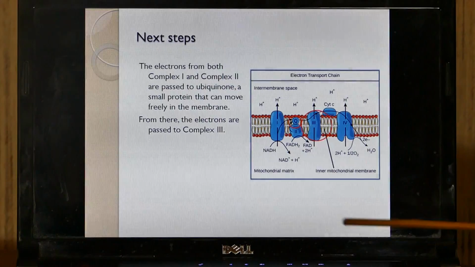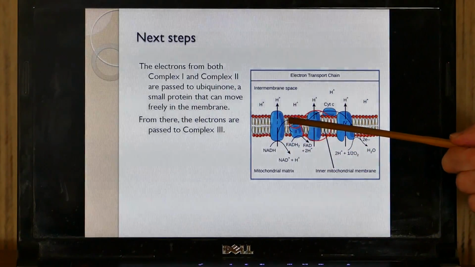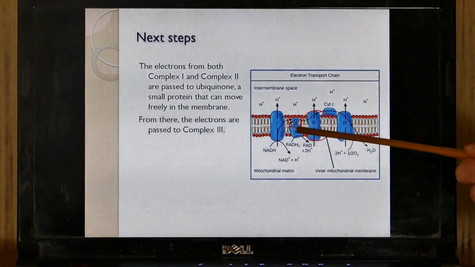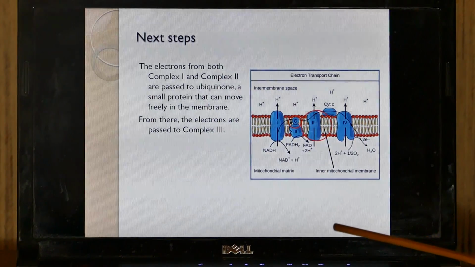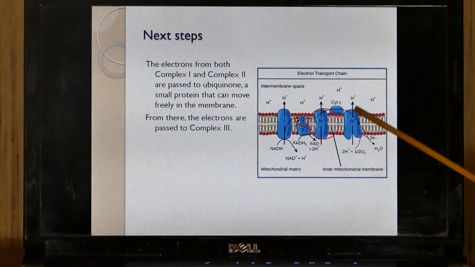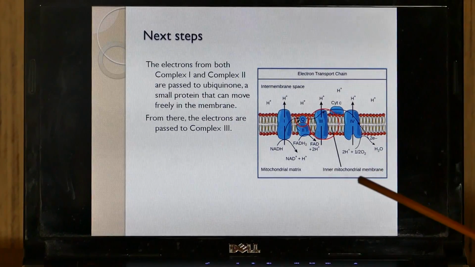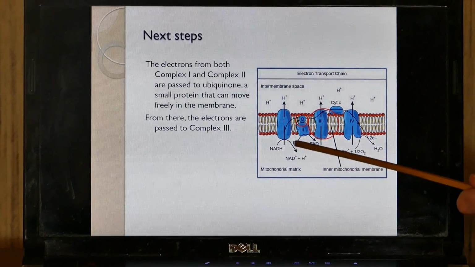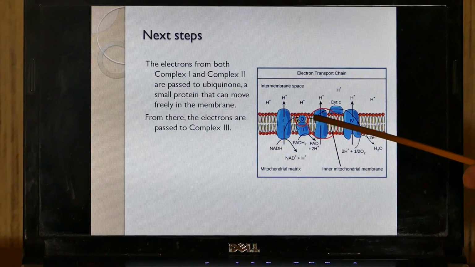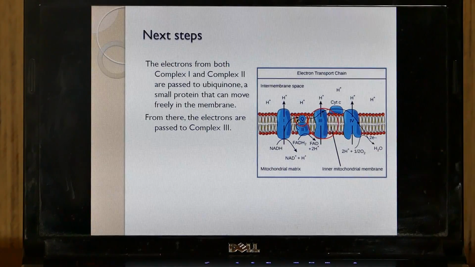The next steps here, the electrons move from both complex 1 and complex 2 to this little Q protein. The full name of this is ubiquinone. It's a small protein that moves about freely inside the mitochondrial membrane. And from ubiquinone, electrons pass to protein complex 3.